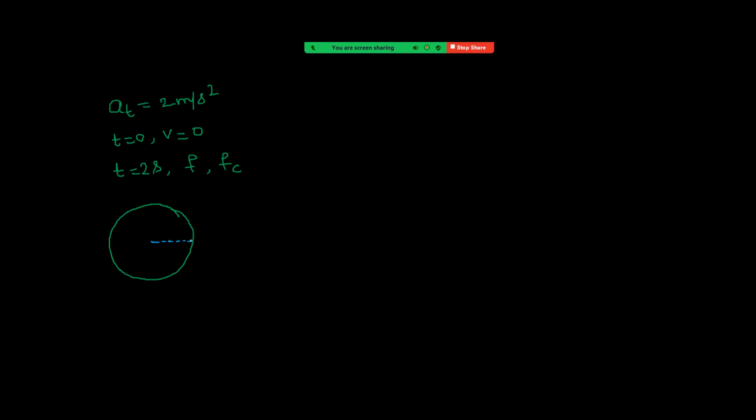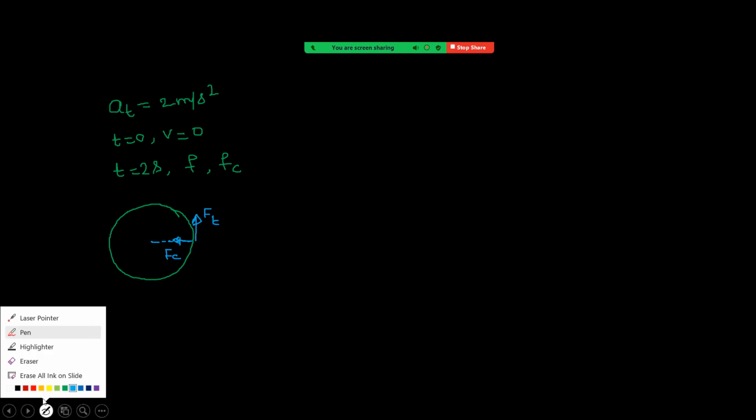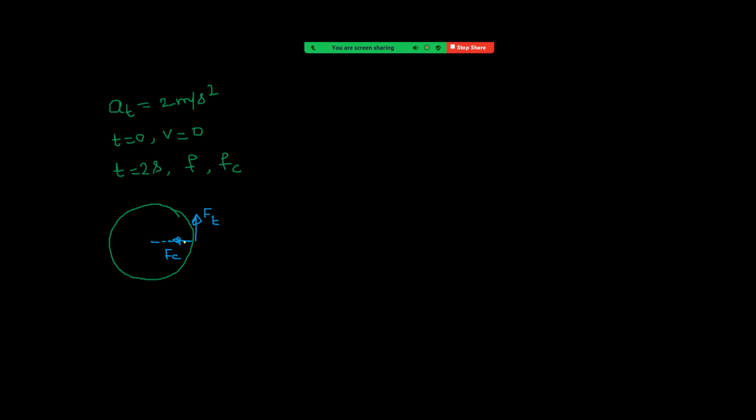So there is now a centripetal force that is mandatory, along with a tangential force. But we know that the only force in the plane of motion is friction. So from this we conclude that one component of friction provides the centripetal force, and the remaining component provides the tangential force.